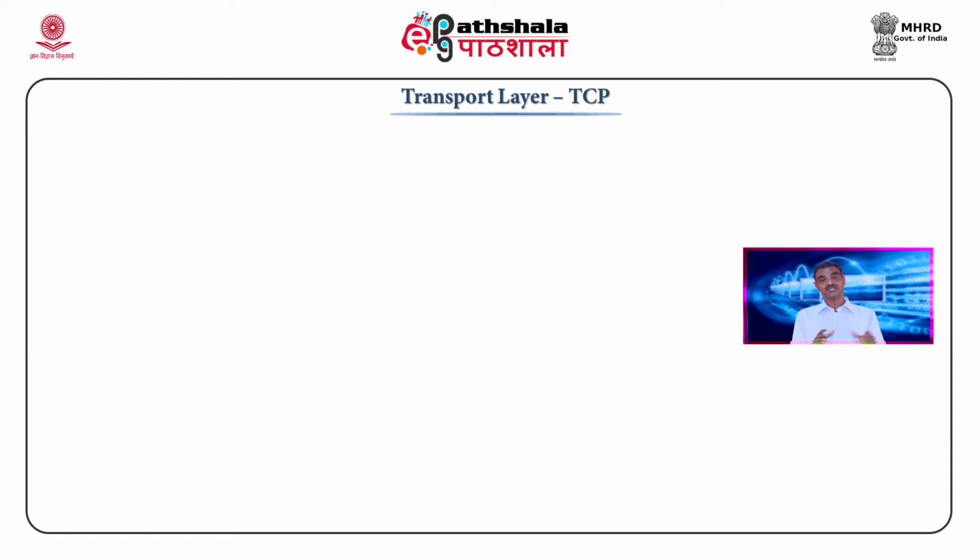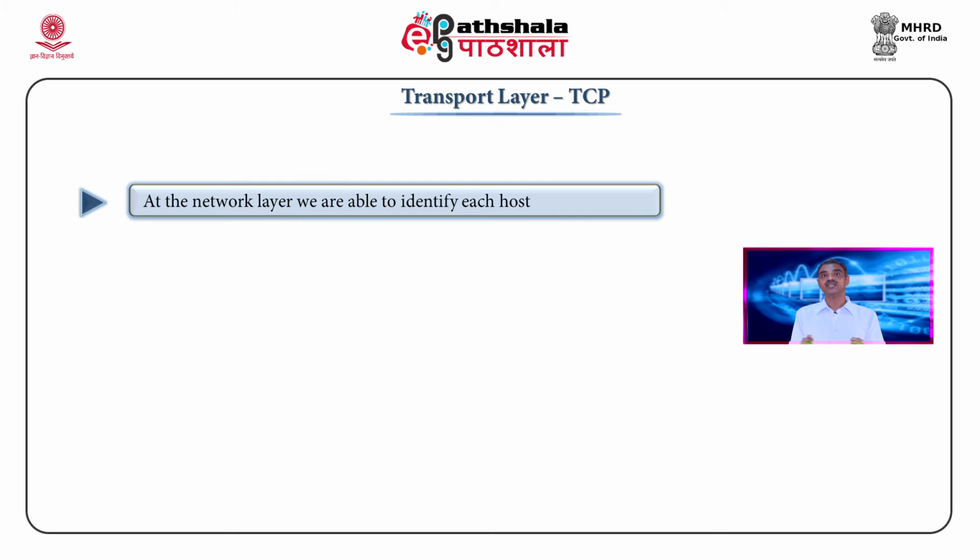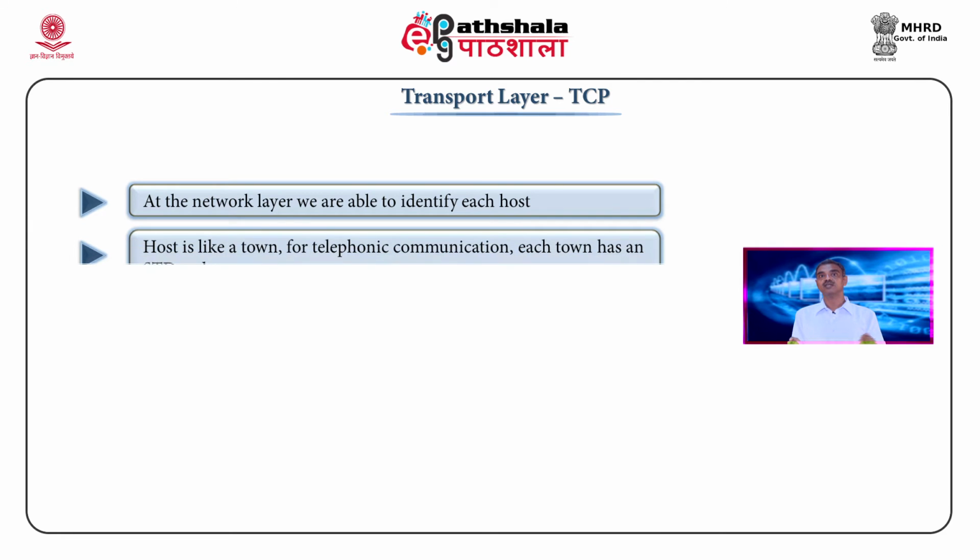In that phone analogy, each town is similar to a host and the persons in the town are the processes. So similarly, at the network layer, we were able to identify each host. Host is like a town.